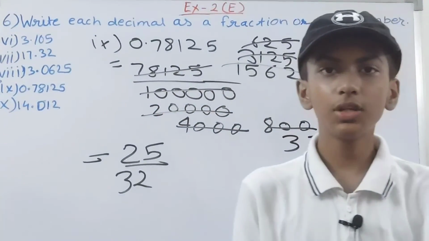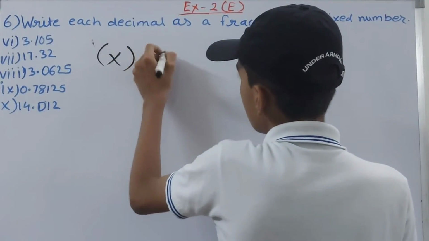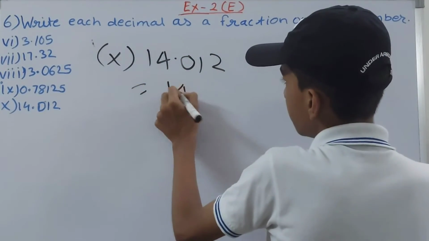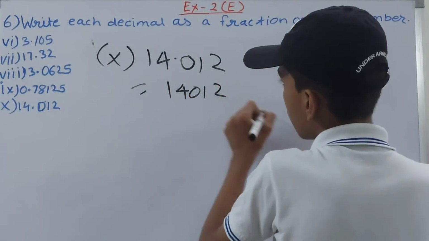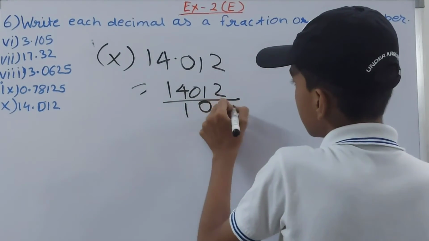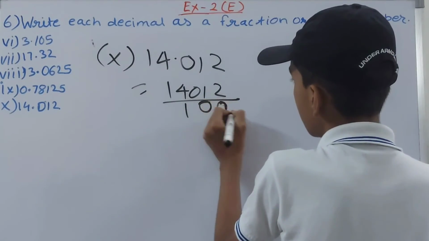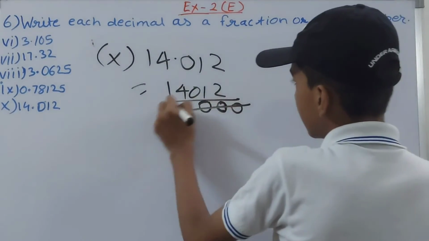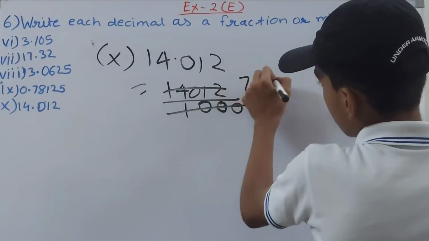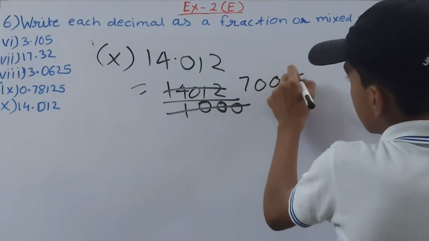Now let us move on to the next part. Next we have the 10th part, and this is 14.012. This will be written as 14,012 upon 1 and 3 zeros, right? So 3 zeros over here, so you can write it like that. All right, again we'll cancel this thing by what? By 2 this time. 7 0 0 and 12 will be here, so 12 goes 6 times, right?